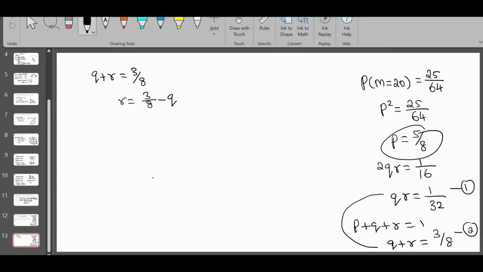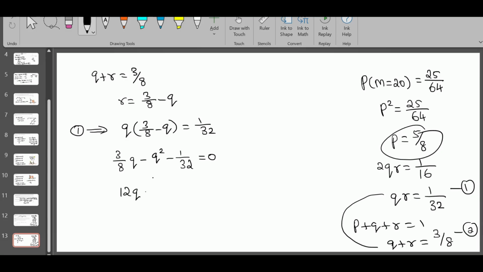When I substitute R into equation 1, Q times (3 over 8 minus Q) is 1 over 32, which is 3 over 8 Q minus Q squared minus 1 over 32 is 0. Multiply throughout by 32, so 4 8s are 32. So 12Q minus 32Q squared minus 1 is 0, which is 32Q squared minus 12Q plus 1 is 0.